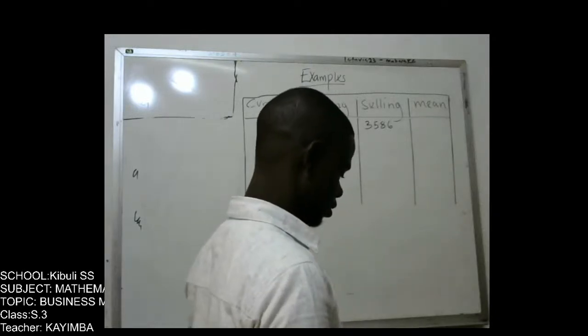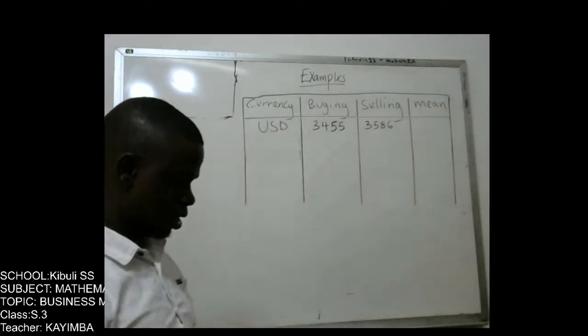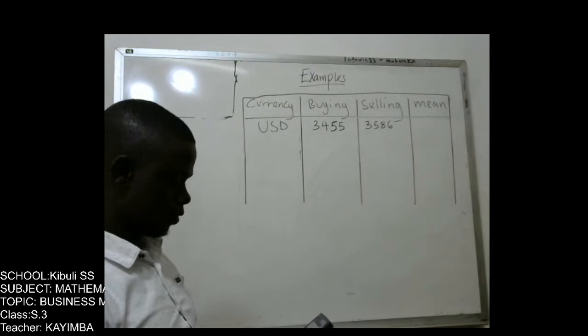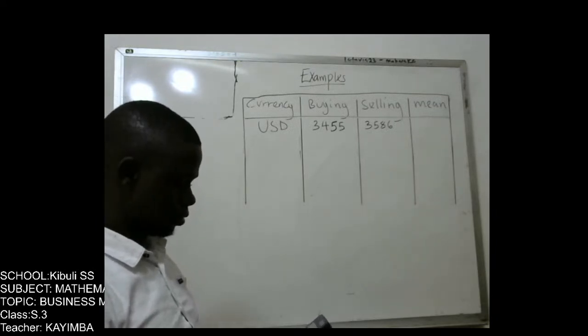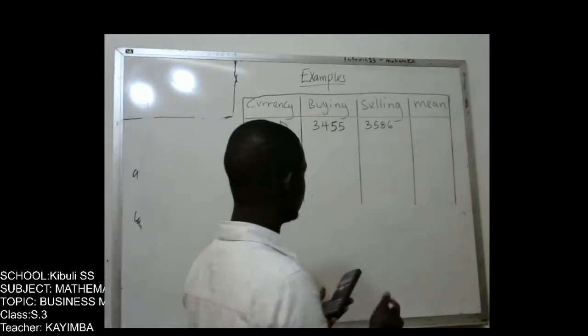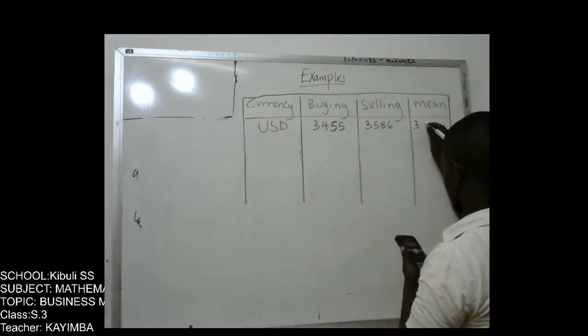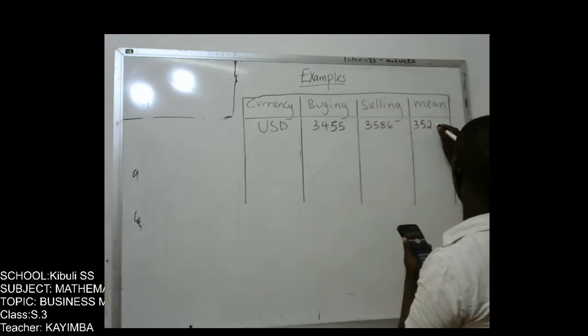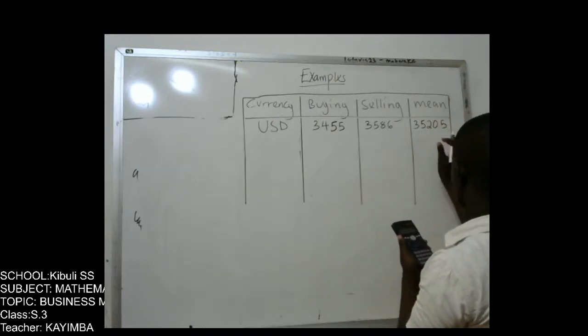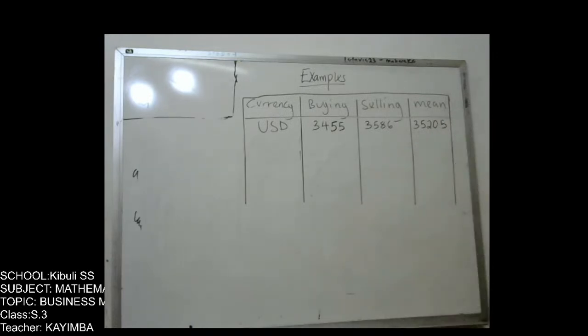So it is 3,455 plus 3,586, then divide by 2. That gives 3,520.5. So that is the mean.